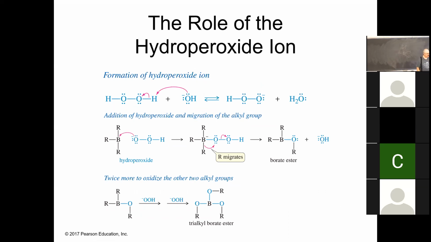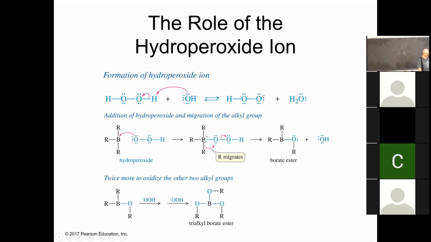Okay, this is what happens when we add the basic solution of hydrogen peroxide. First we have an acid-base reaction where hydrogen peroxide is deprotonated to form the hydroperoxide ion. Hydroperoxide then attacks boron.